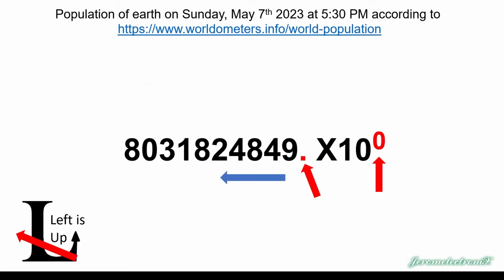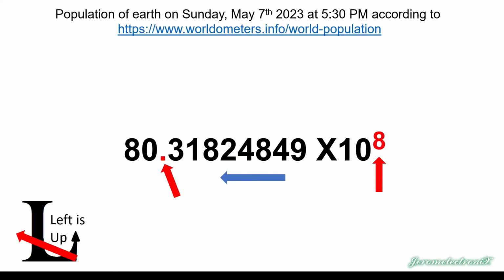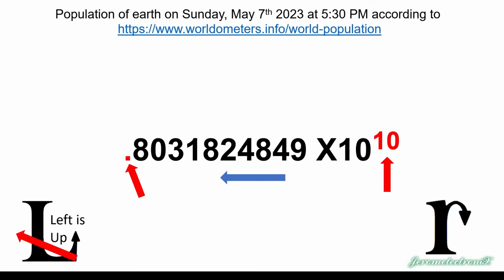So I am now going to move the decimal to the left, and simultaneously I will be moving the exponent up. There we go. Every time you move the decimal to the left, the exponent increments by 1, moves up by 1. The opposite is also true. If you move the decimal to the right, the exponent should go down.